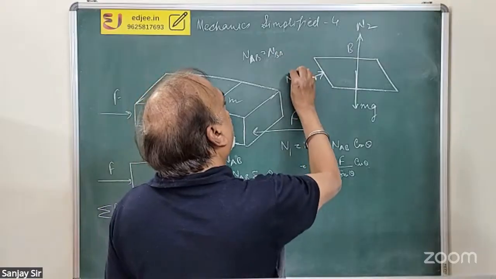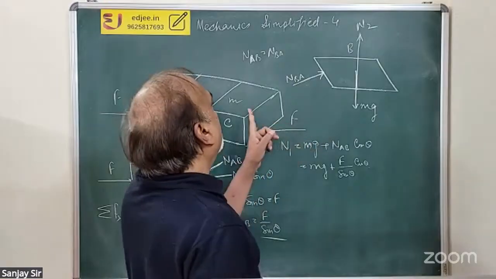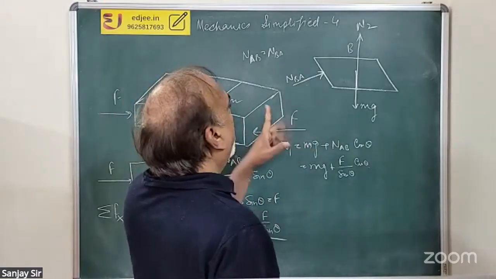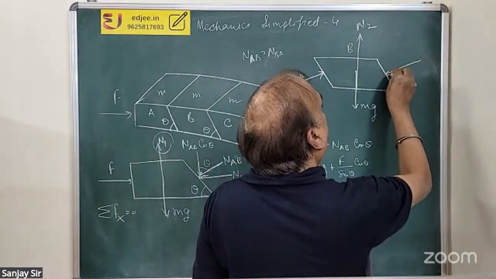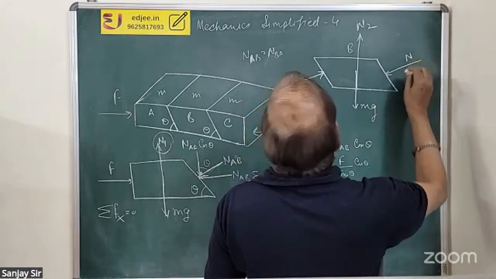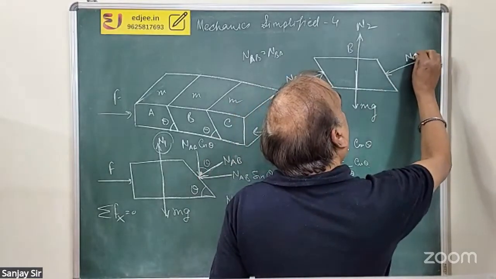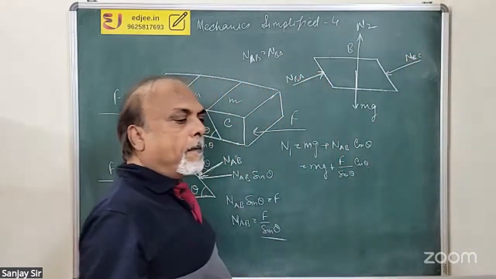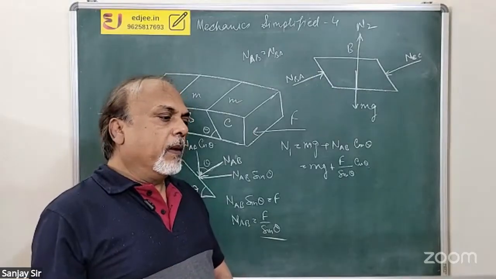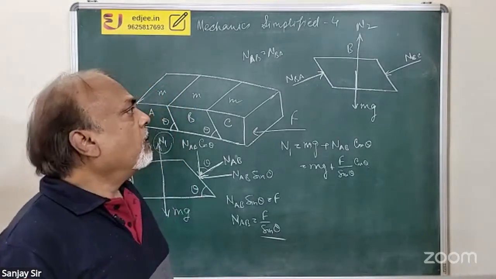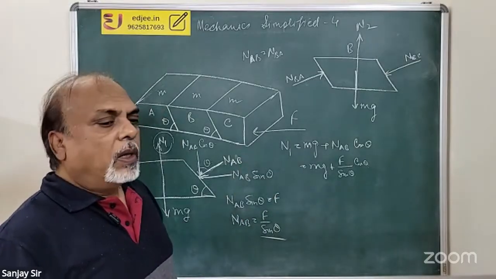So here, normal reaction at B due to A. And here, normal reaction at B due to C. Correct? So this is the free body diagram of this.